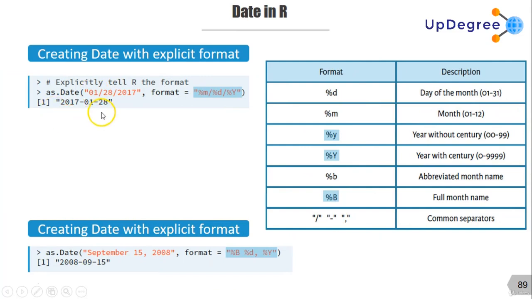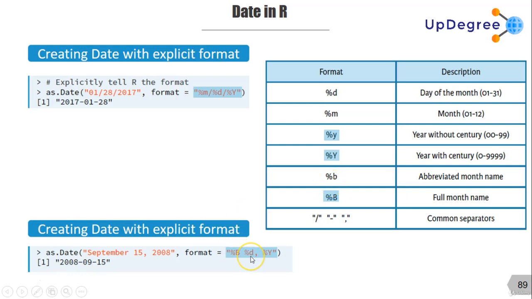That's how you understand it. But instead of that, if you have a format like September 15, 2008, now you have to say September in full month. It is giving you the name of the month in full, which is capital B. But if you want an abbreviated month name like SEP, OCT, NOV, then you have to give small b.